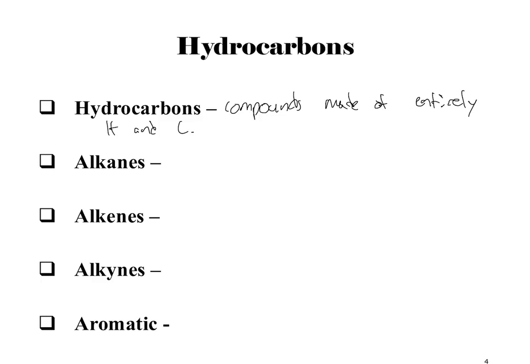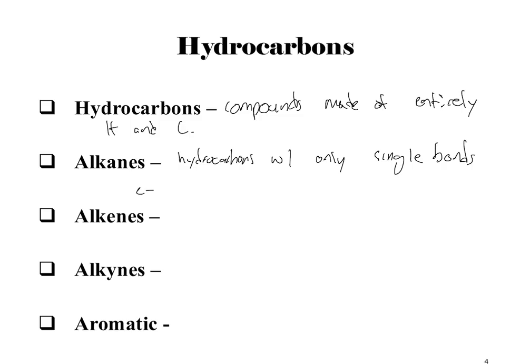Well, because the different bonding nature of carbon allows for different variations in functional groups, even just within these 2 atoms. So alkanes are going to be hydrocarbons with only single bonds.